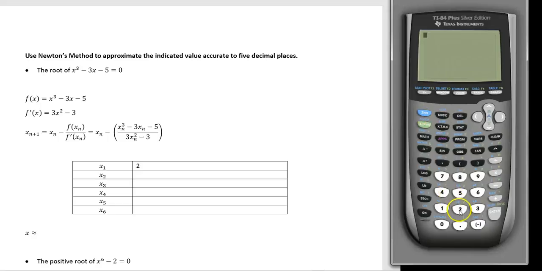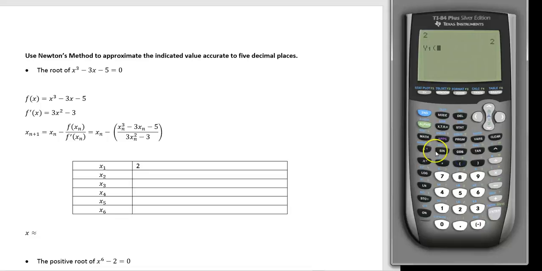And what I'm going to do now is just enter my first guess. My guess for x1 was 2. And then what we want to do is evaluate the function that we've entered in for y1 at that point 2. And how we do that with our calculator is we go to the vars button, so vars for variables, scoot over to y variables, hit enter, and hit enter on the function y1.